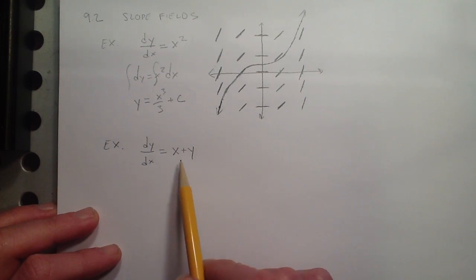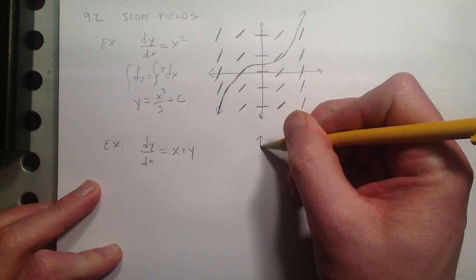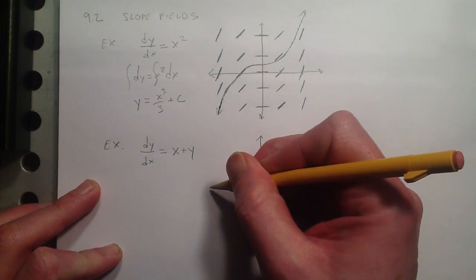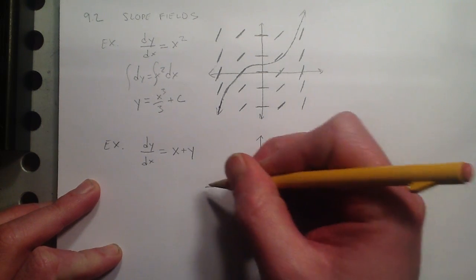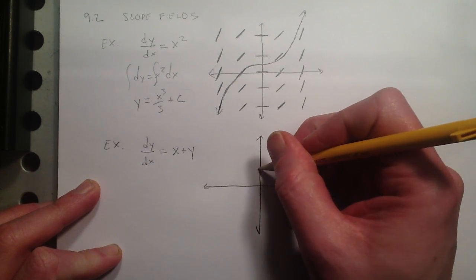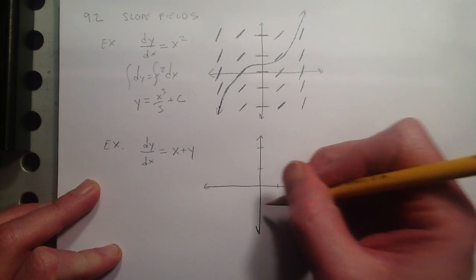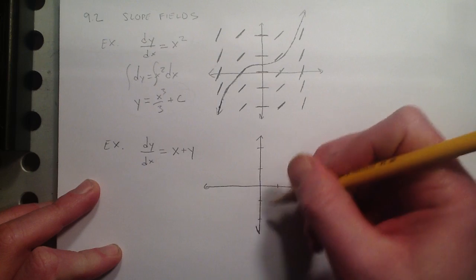So we can't do this, but we can still get a visual for what the solutions for this might look like by sketching the slope field. So I'll just make one the same size again, and we'll see what it looks like.